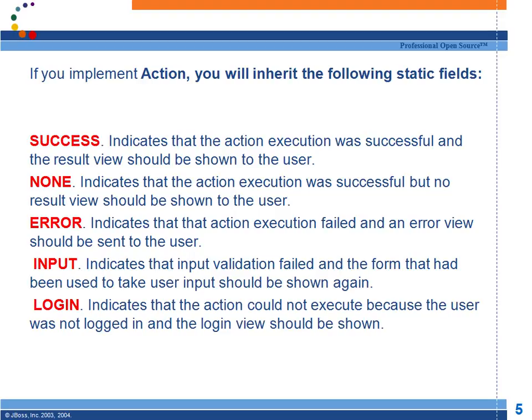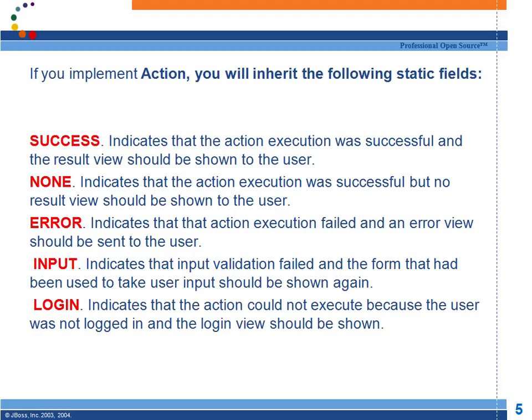None indicates that action execution was successful, but no result view should be shown to the user. Sometimes we don't want to show any view to the user. We just want to execute some logic. The same view will be displayed again, the same JSP sometimes. So in those cases, you can just specify none.